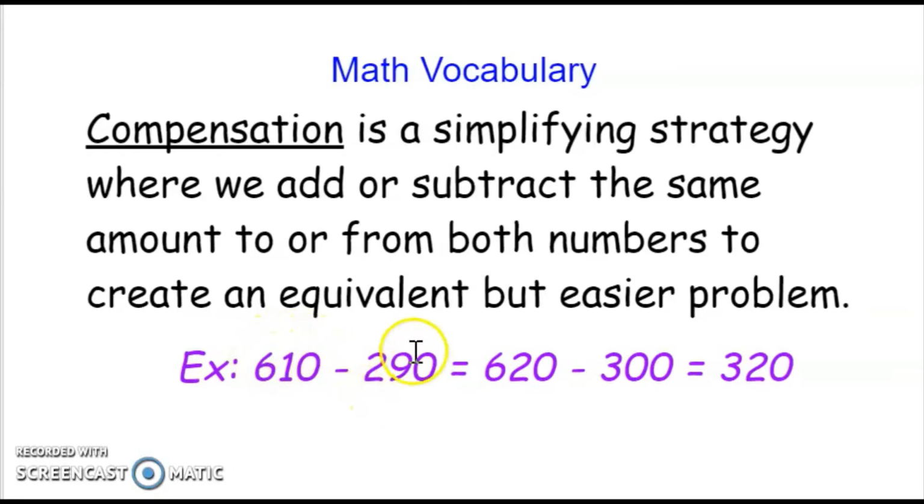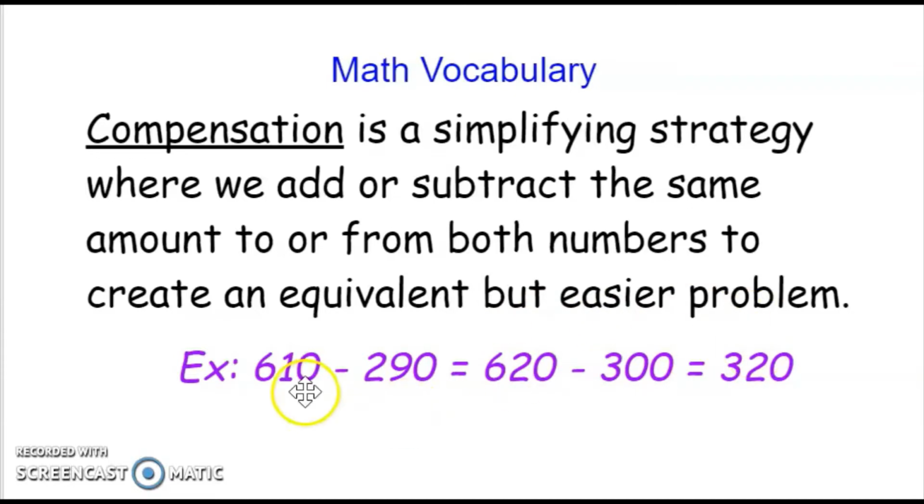That's not super easy to solve off the top of your head. So what we do is we compensate by creating an easier number sentence or an easier equation, which is 620 minus 300. We did that by compensating both parts with an additional 10. And they both then equal 320.